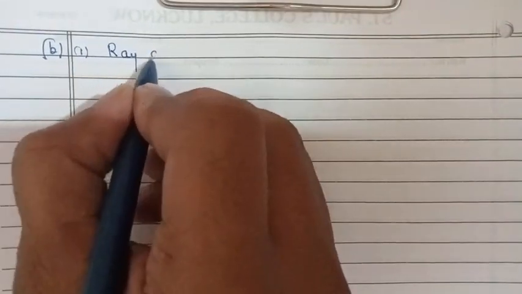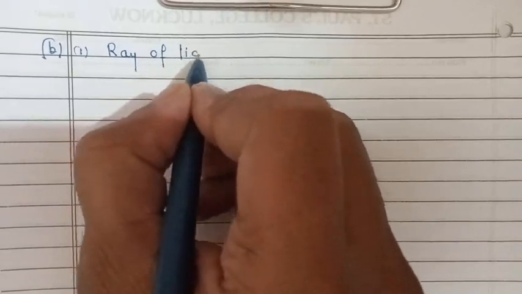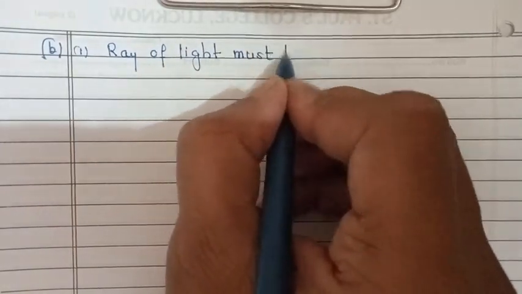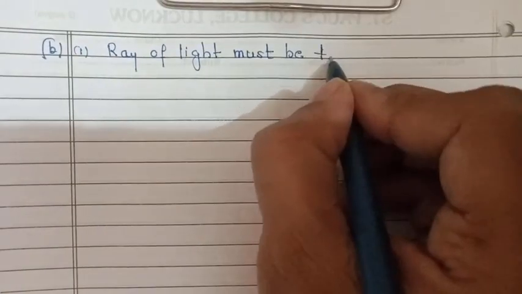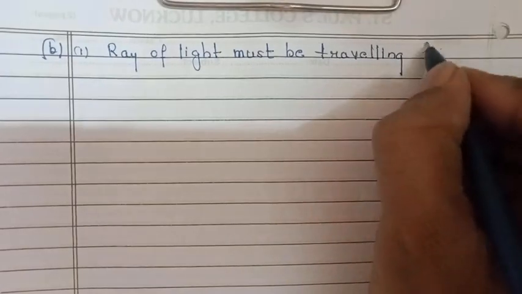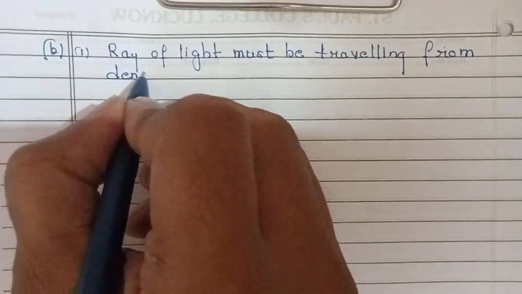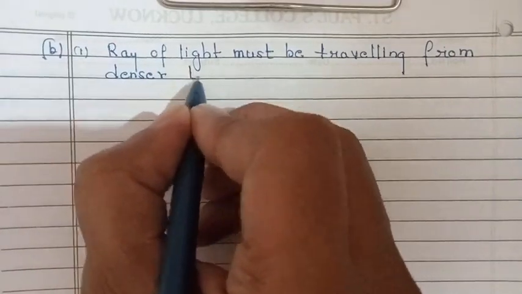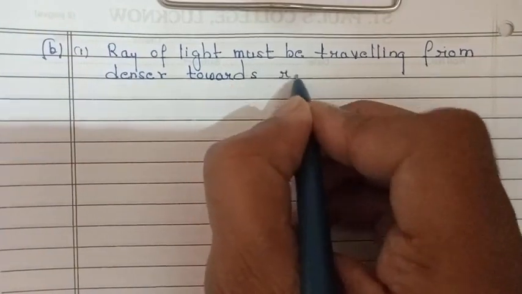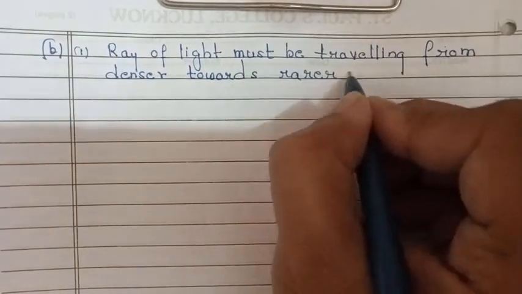So the first condition is the ray of light must be traveling from denser towards rarer medium. That is the first condition.